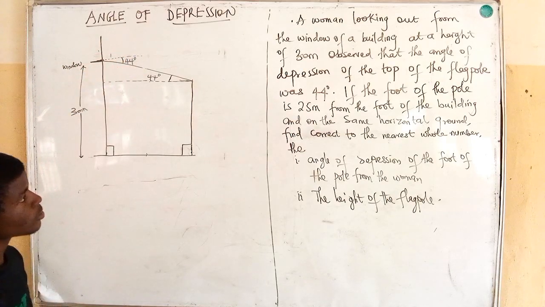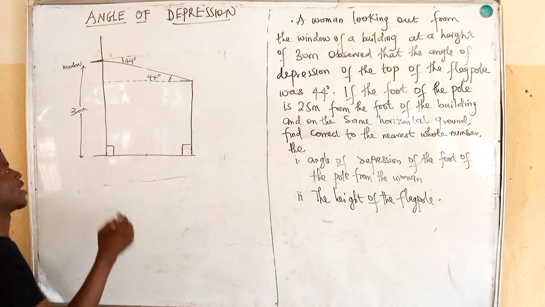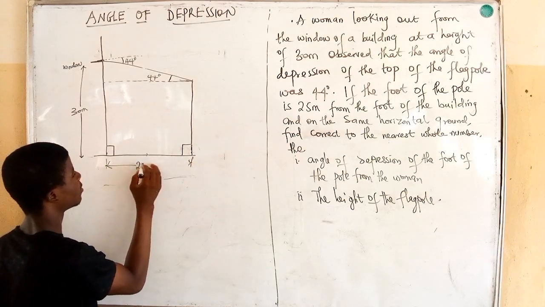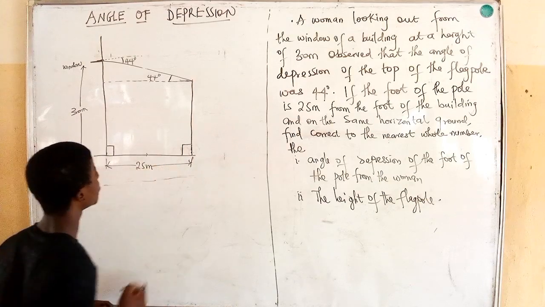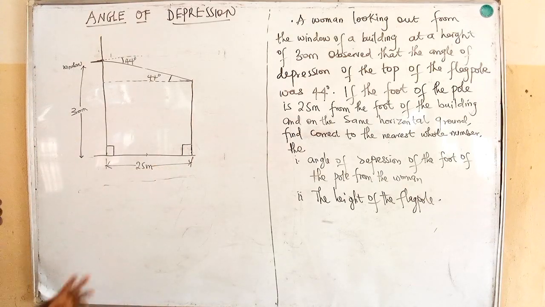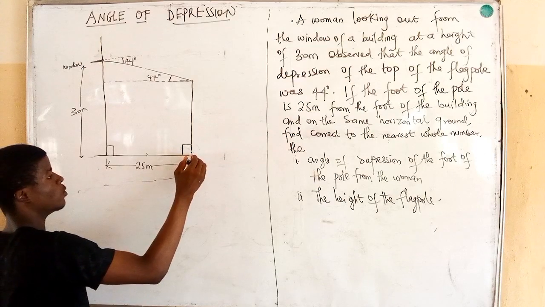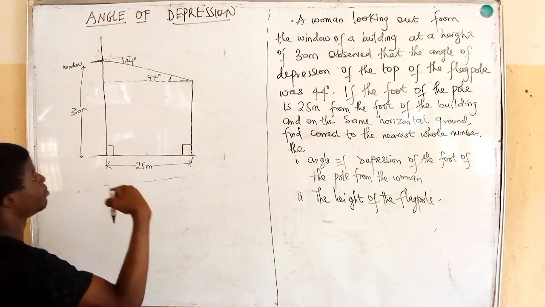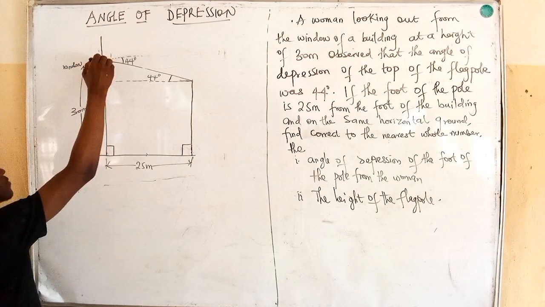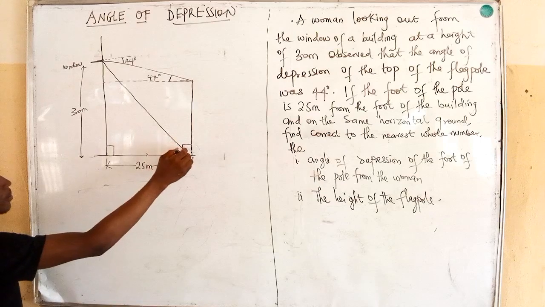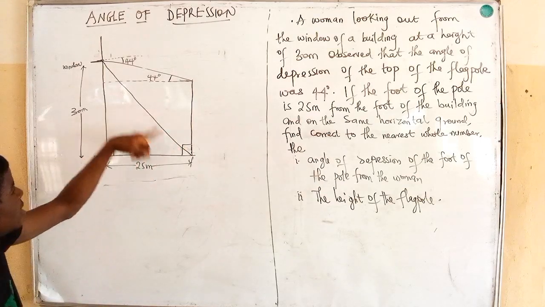Now, let's continue. If the foot of the pole is 25 meters from the foot of the building, that is, the distance from here to this place is what? 25 meters. Find correct to the nearest whole number the angle of depression of the foot of the pole from the woman. So this is the foot of the pole. We are asked to find the angle of depression. That is, first of all, let's draw the line of sight. So this is the line of sight.